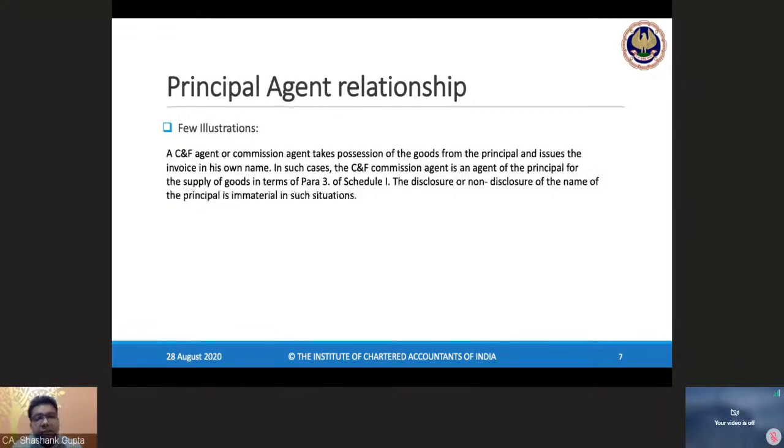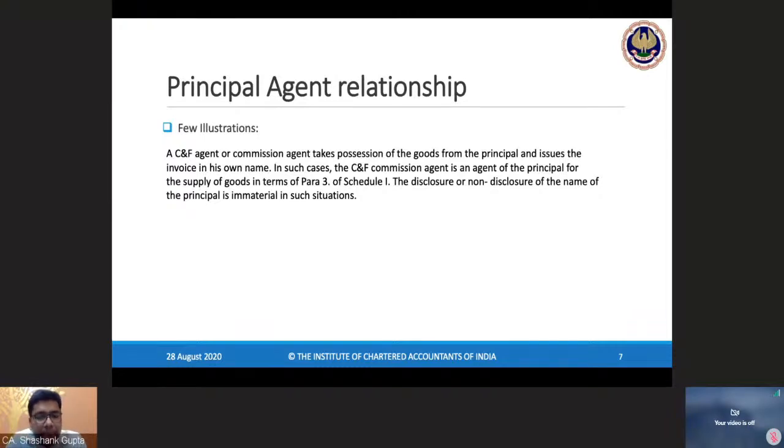Now the agent says, I have a buyer, I can sell your goods, but I will sell goods in such a manner that I will showcase myself as the seller and I will pay you your 10 lakh rupees plus GST, but I will sell the goods at suppose 20 lakh rupees and pocket the 10 lakh rupees margin. Now suppose this situation was not there, this Schedule 1 condition was not there.